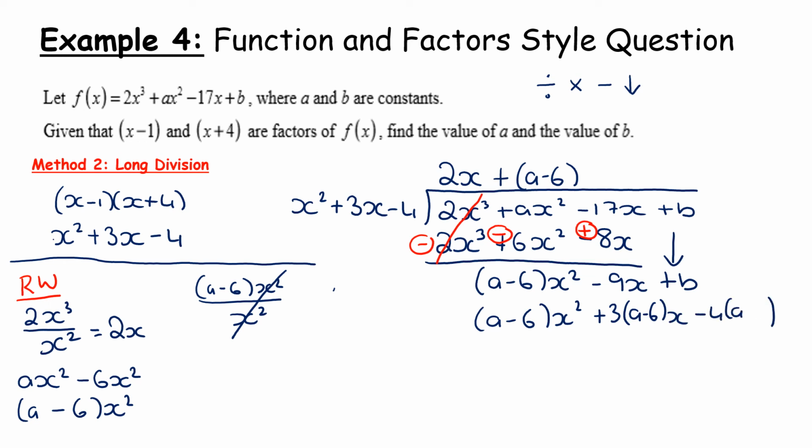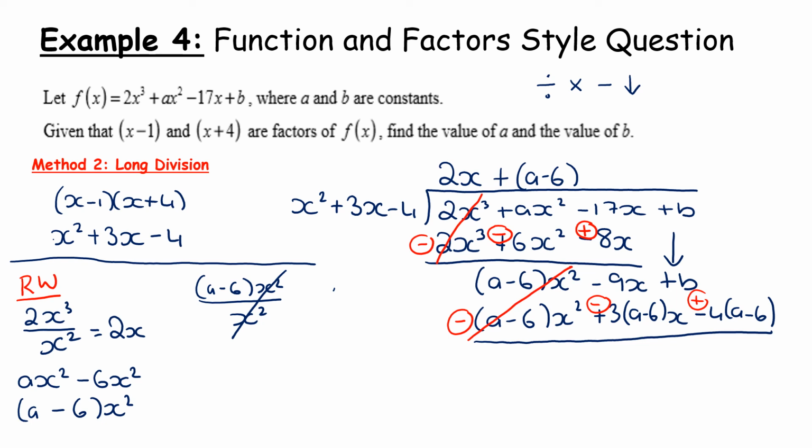So you can see how complicated this is getting. So this is probably a method that most students will go, oh, I can do long division. But it's always going to be challenging when there are unknown coefficients. So just be very, very careful when you're working with it.